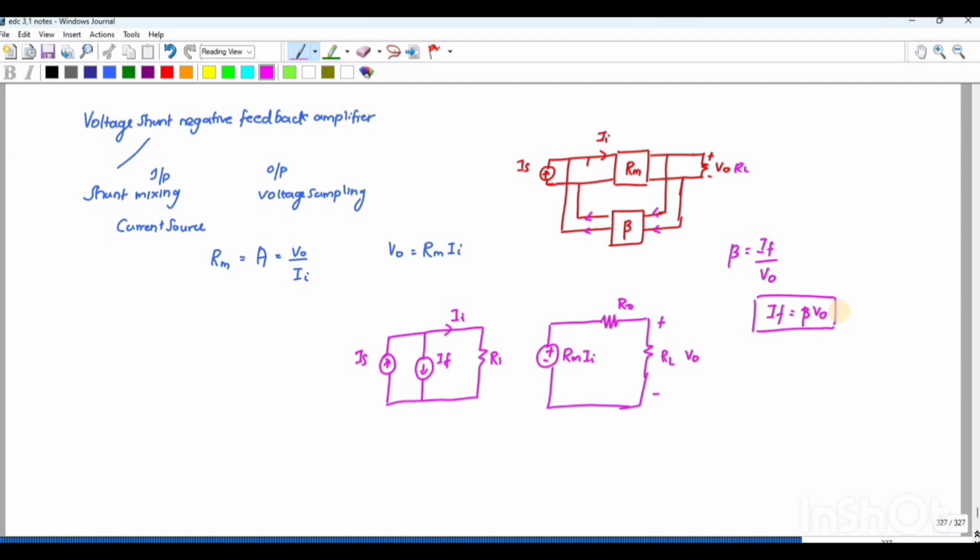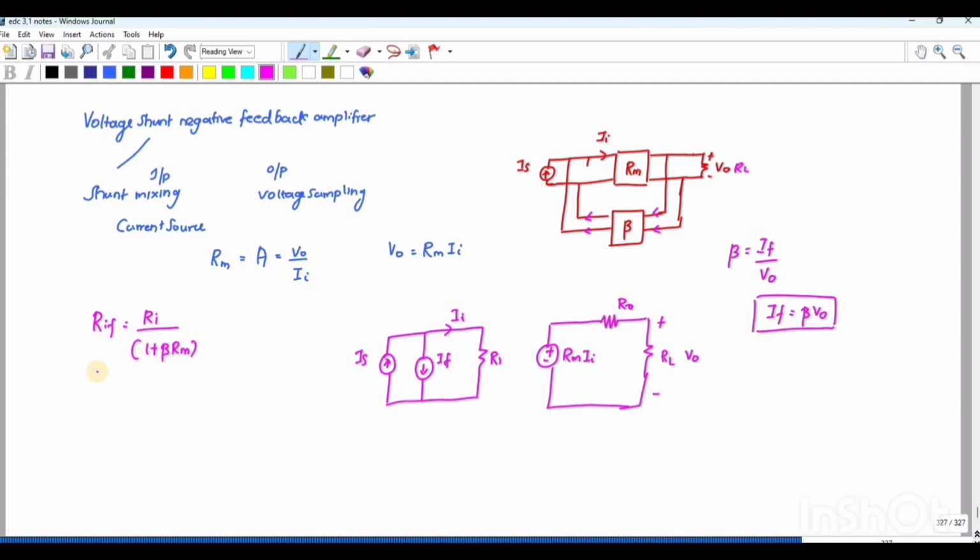For this circuit, you have to find the gain, input impedance and output impedance. Since we have employed shunt connection at both the input and output, with negative feedback Ri is reduced by the factor of 1 plus beta into Rm.